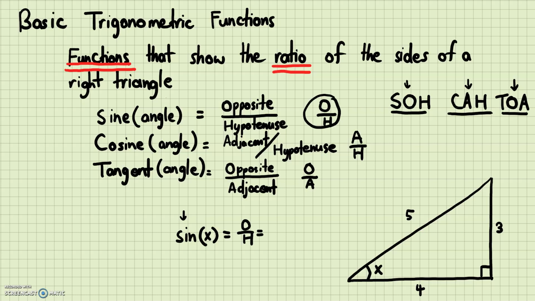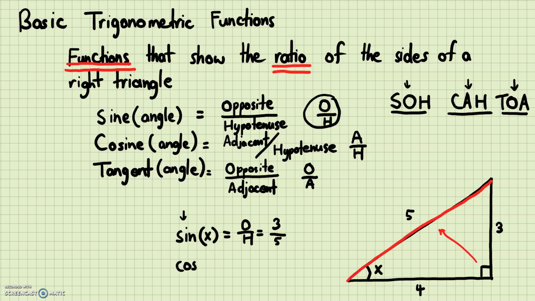Which side is on the other side of x and not touching x? That is going to be 3. So 3 is the opposite side, and the hypotenuse is 5. This is the longest side, and it's opposite from the right angle. So sine of x equals 3 over 5.